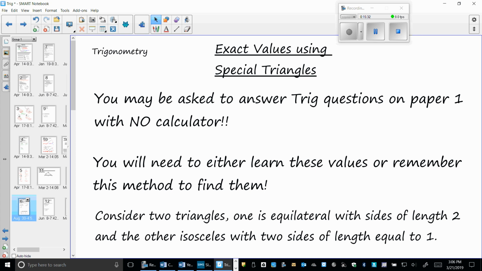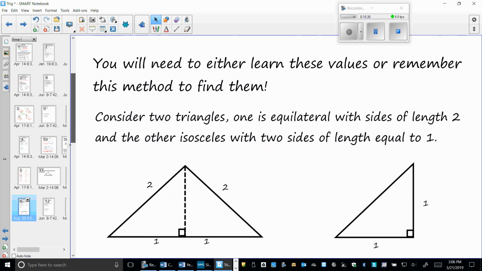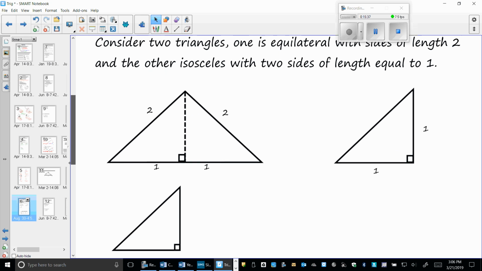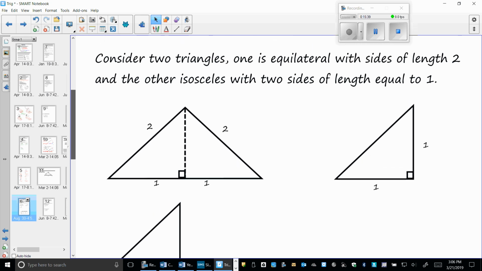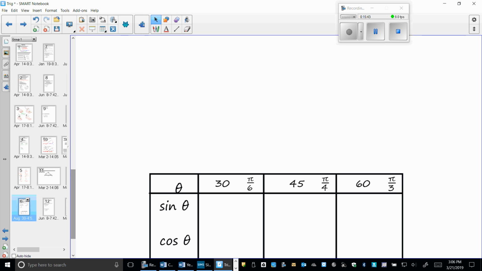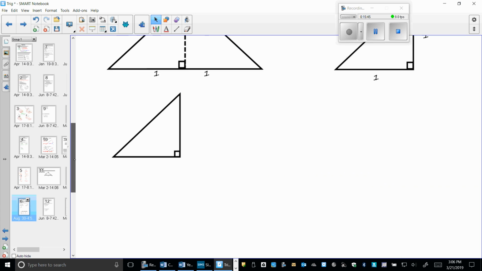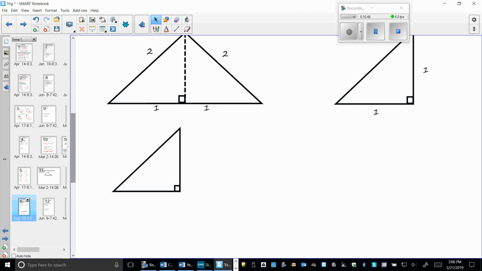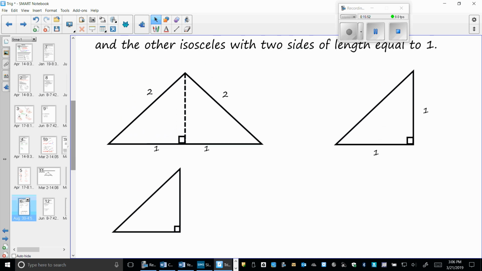So the weirder ones are the 60, 30 and 45. I would suggest, rather than learn the table that we're going to end up filling in, that you learn how to draw the triangles, or learn the triangles themselves. Okay? So how do we begin?